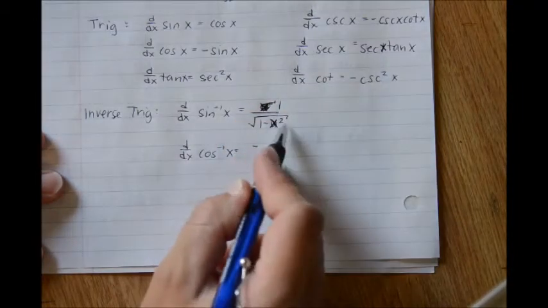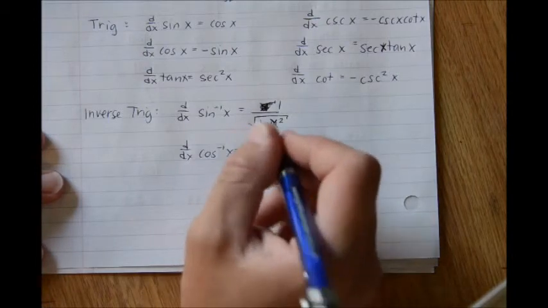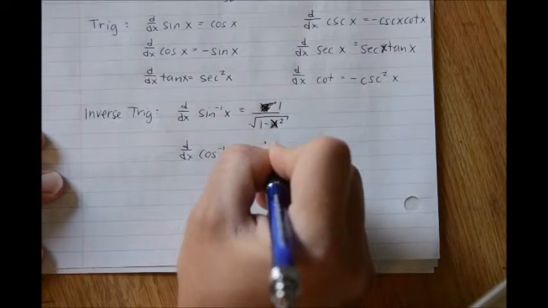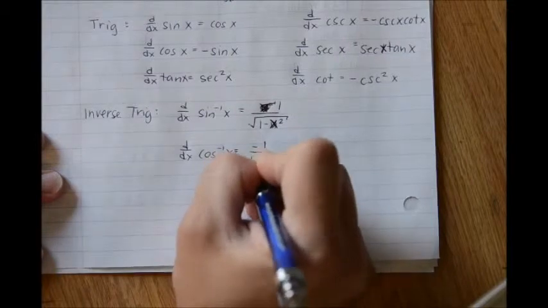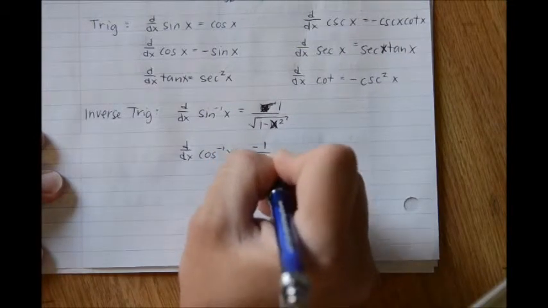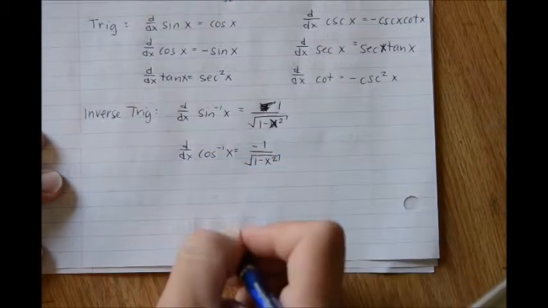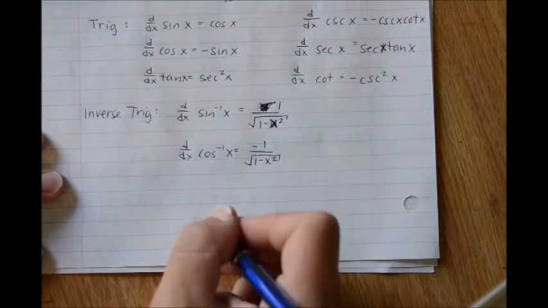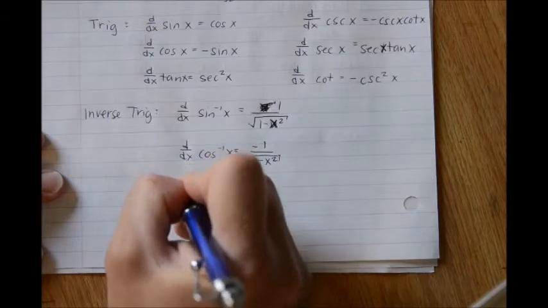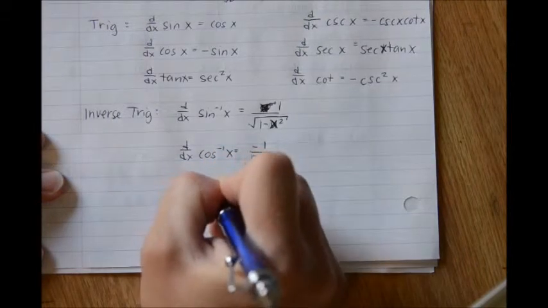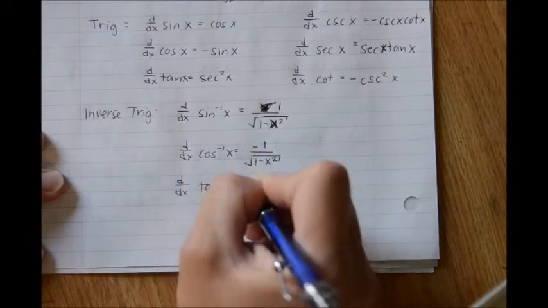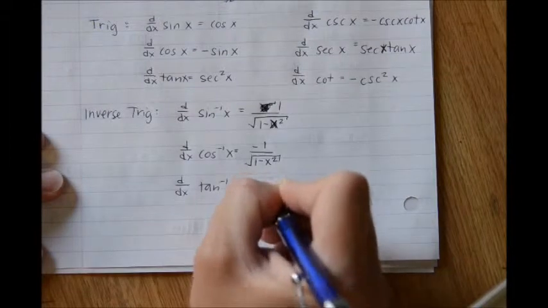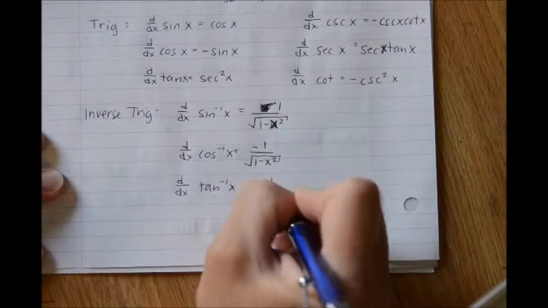So 1 over the square root of 1 minus x squared, and this one would be negative 1 over the square root of 1 minus x squared. And then you have the derivative of tangent inverse, which is equal to 1 over 1 plus u squared.